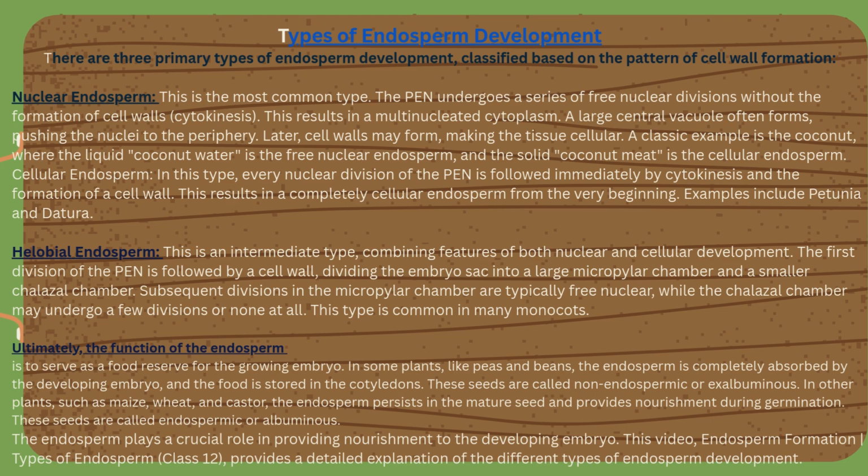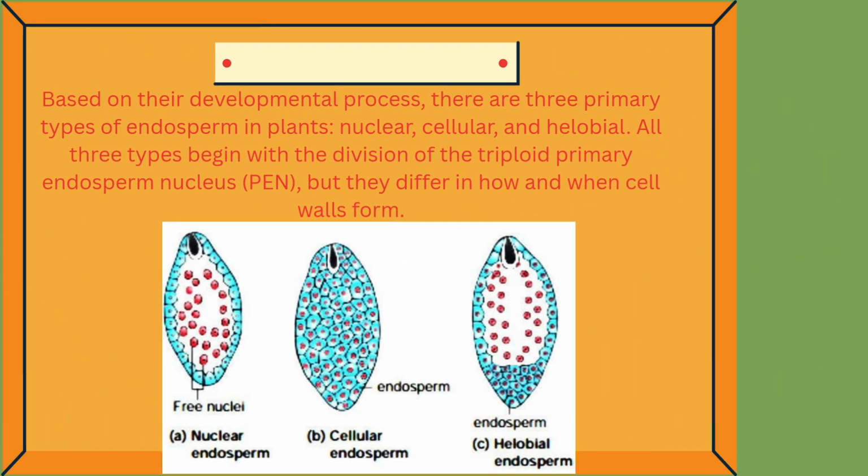The endosperm plays a crucial role. It provides nourishment to the developing embryo. This section provides a detailed explanation of the different types of endosperm development. Now, based on their development process, there are three primary types of endosperm in a plant.